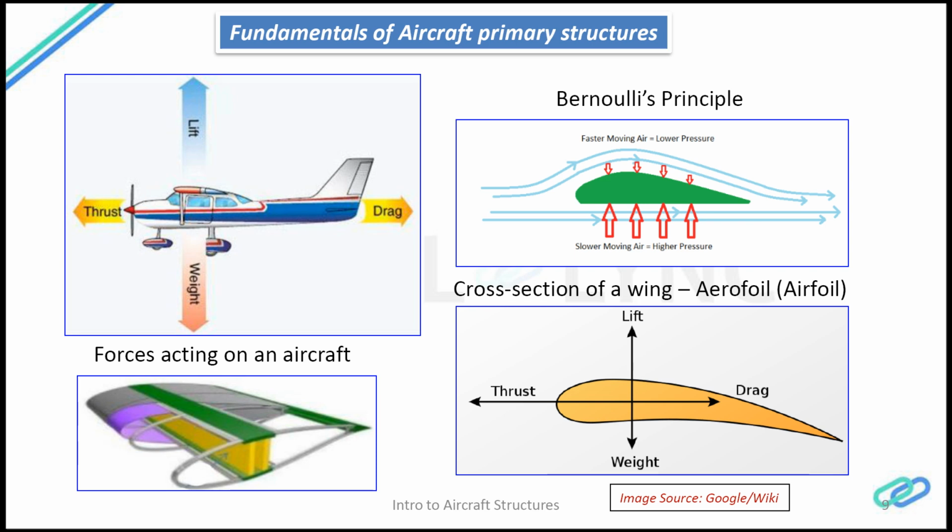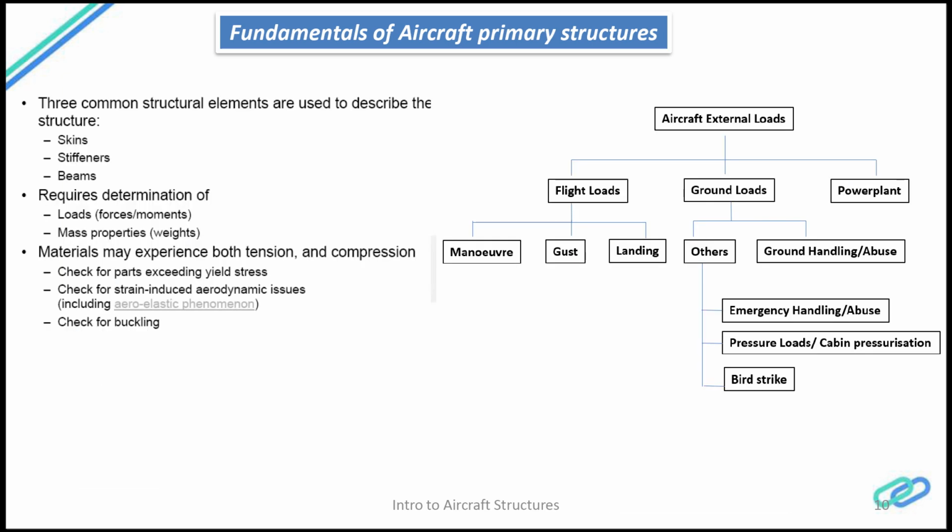And this is a typical cross section of the wing that is shown here. So we saw the four types of forces that act on a typical aircraft during flight.